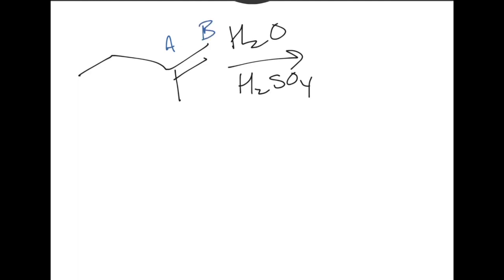Markovnikov's rule says the hydrogen goes to the carbon with the most hydrogens, and the other thing attached to that hydrogen goes to the carbon with the least hydrogens. So we can just use Markovnikov's rule, and we know that we're going to put the OH on carbon A because it has fewer hydrogens on it than carbon B.